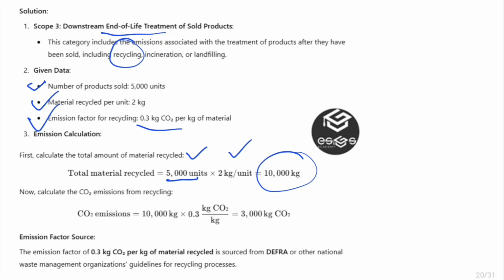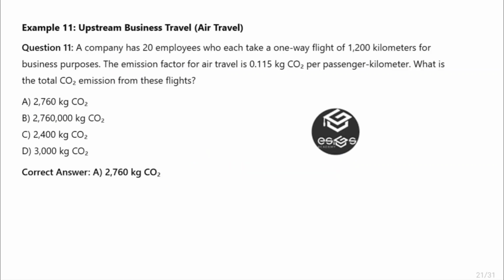Now we multiply this with the emission factor, and we will get the answer of total CO2 emissions. Again, we can follow DEFRA or the National Waste Management Organizational Guidelines for recycling processes to find out the respective emission factor. I hope you like the question. Let us see another example now.